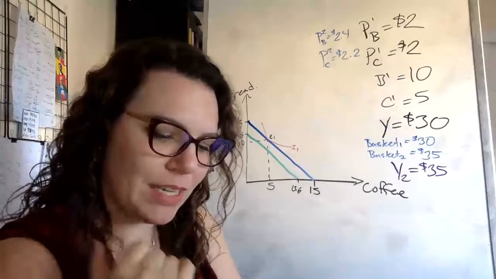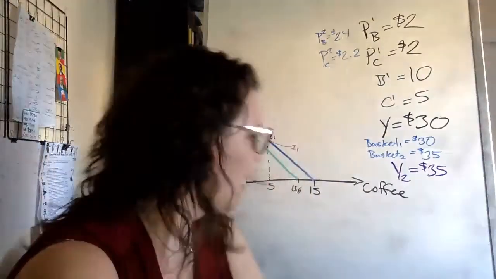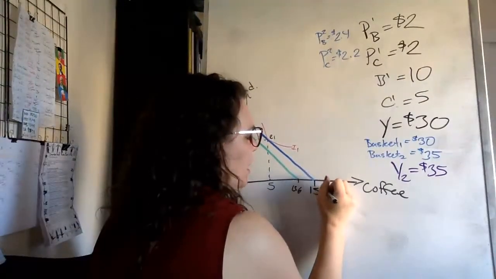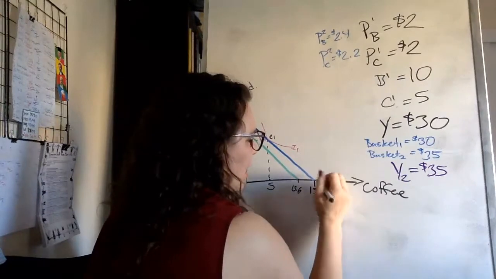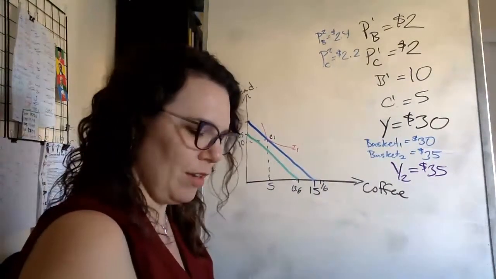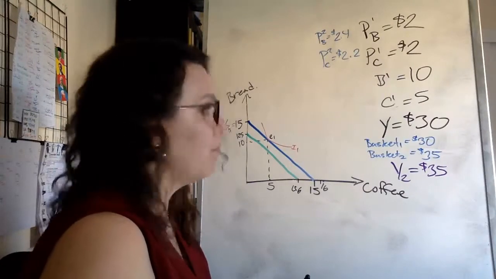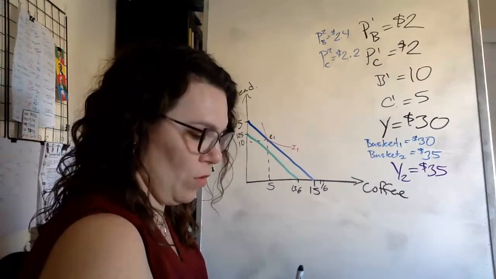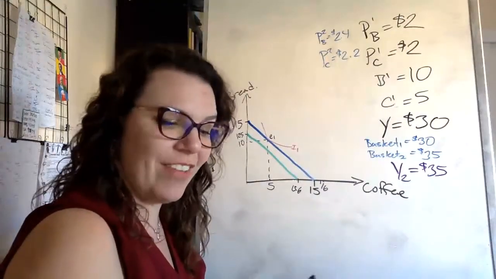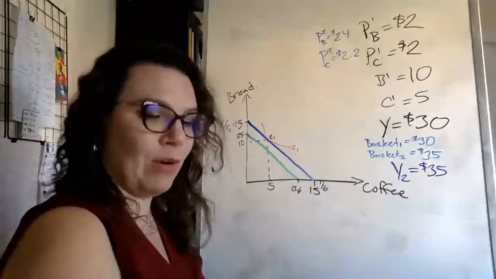And it's going to be 15.9. I'm going to say 16. So we're going to end up with the new budget constraint out here at, let's say, 16. And then we want to take that same $35 and divide it by 2.4. And we get pretty close to 15 there. It's 14.58. I'm going to say that's about 15.